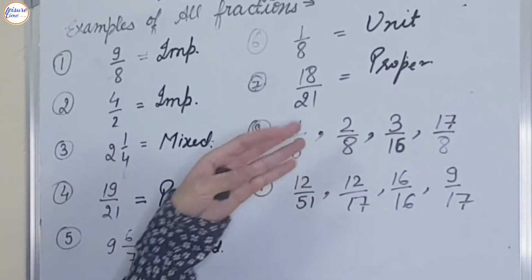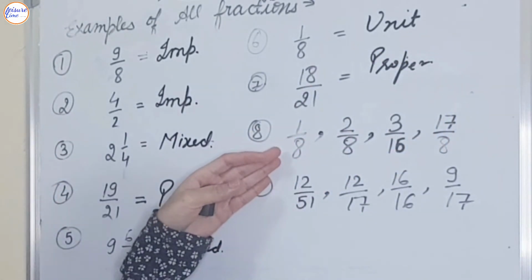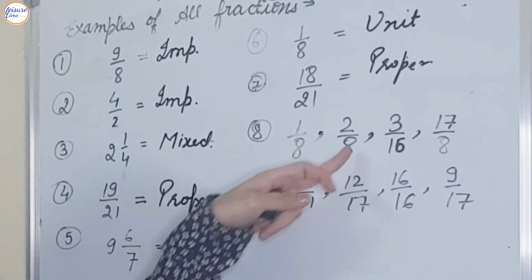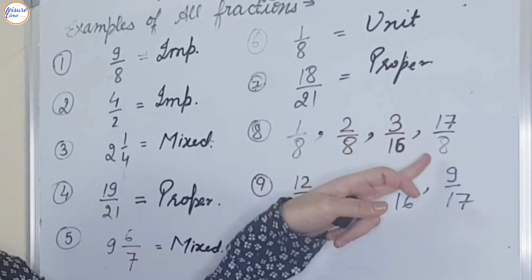Now see some examples of like and unlike fractions. The first set of fractions is 1 by 8, 2 by 8, 3 by 16, 17 by 8.